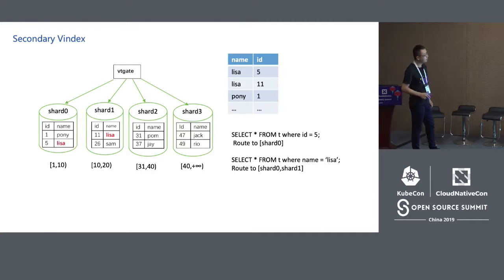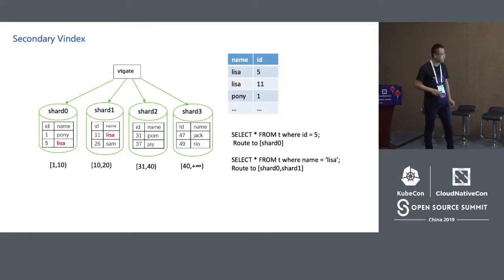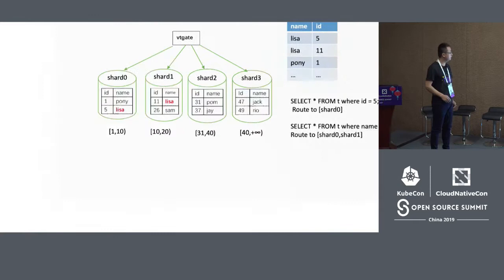I search this table first, where the name is Lisa, and find ID 5 and ID 11. Then I only need to search further in shard 0 or shard 1. So I don't need to check all 4 shards, which avoids unnecessary reading and access. If there are 4 shards or even 200 shards, there would otherwise be very significant latency.